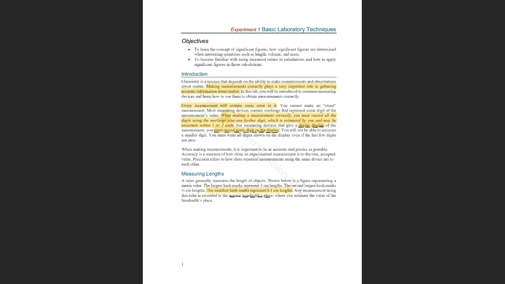So that's why the first experiment is focusing on the ability to use the correct instrument depending on the needs, to learn how to pick the instruments. If you have to measure length, which kind of ruler or measurement device you are going to pick according to the accuracy of the measurement that you need.